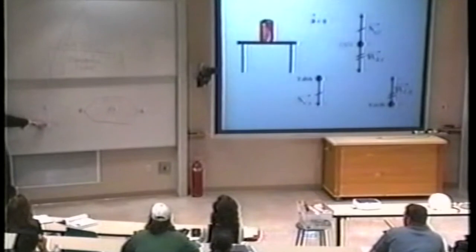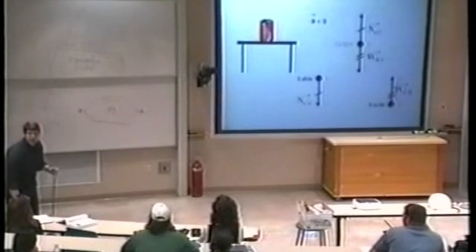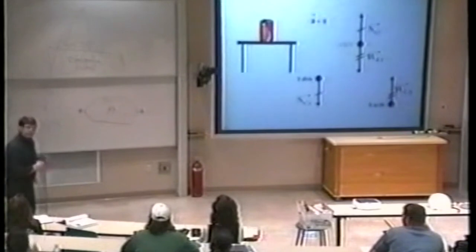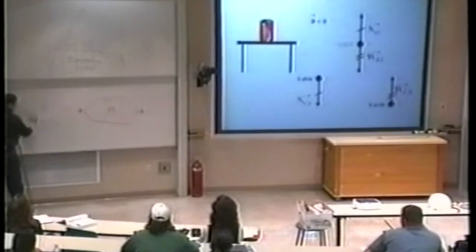And suddenly the other professors in the room were starting to take notice. I said, "Well, Mike, why don't you just reach over there and push down on that can? What happens to your free body diagram?" He says, "Well, I'd push down, and this normal force would get bigger."